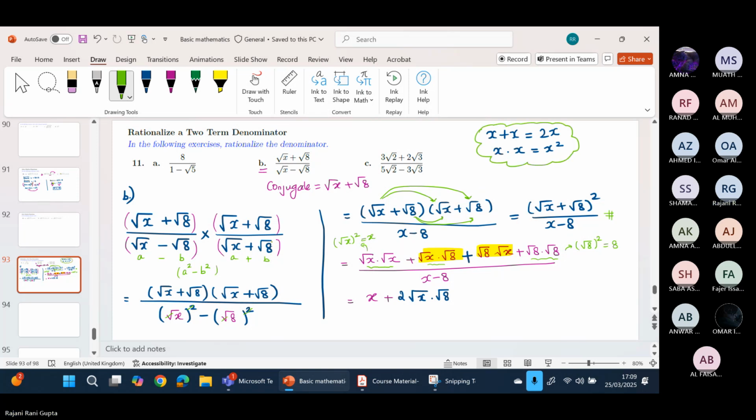Okay? Okay. So here you have plus. Then plus 8 over x minus 8. So this will be the answer. Again, I am saying this, come to this step if you have time left. Otherwise, first complete until here and go and finish other questions. Okay?